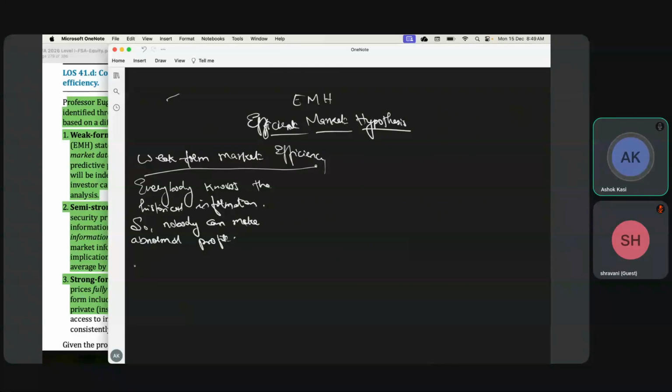However, if you are trying to use historical data, what does historical information mean? Technical analysis.